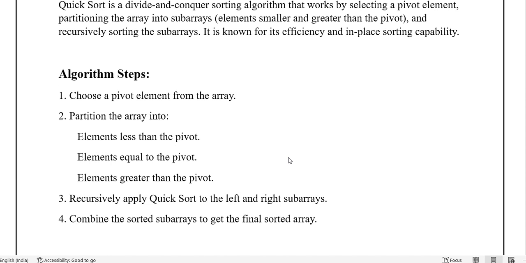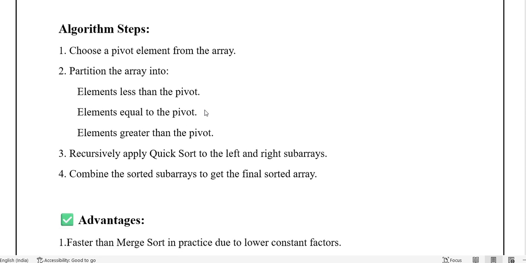Now let's look at the quicksort algorithm steps. The first step is to choose the pivot element from the given array. Next is partitioning the array. How is it partitioned? The elements are considered as equal to the pivot, less than the pivot, or greater than the pivot.